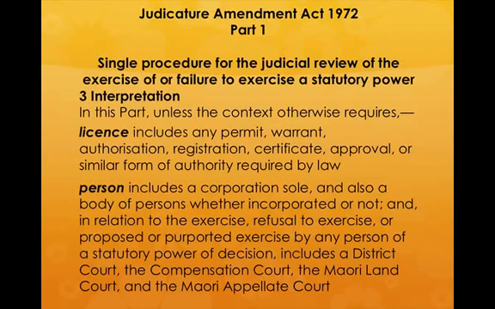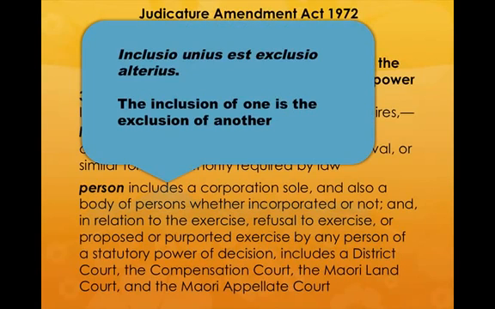Here it is. Person includes a corporation sole and also is a body of persons, whether incorporated or not. Now, if you know your maxims, it is the highest point of law, and the maxim inclusio unius est exclusio alterius means the inclusion of one is the exclusion of another. So if one is included, everything else is excluded.